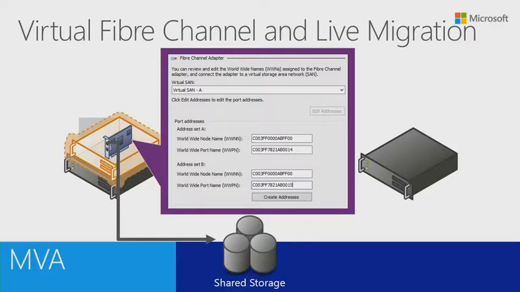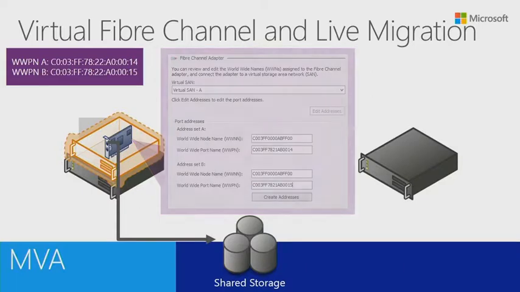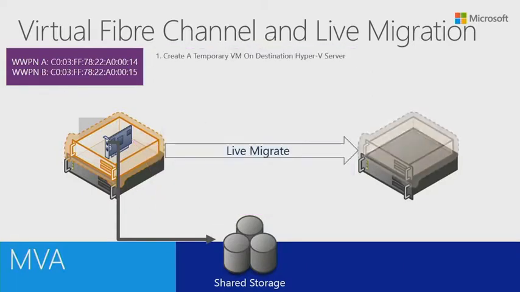With Server 2012 and Virtual Fibre Channel, the reason we have two sets here is that when the VM is running, it's going to use one set of worldwide node names and worldwide port names. But when I live migrate it, it's going to switch and use the second set.